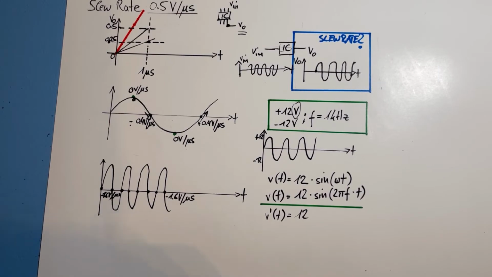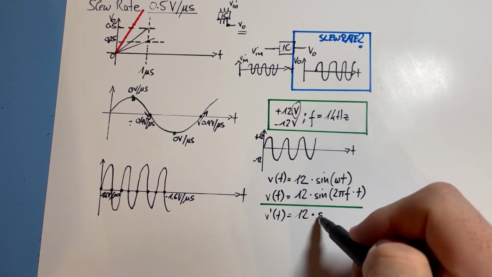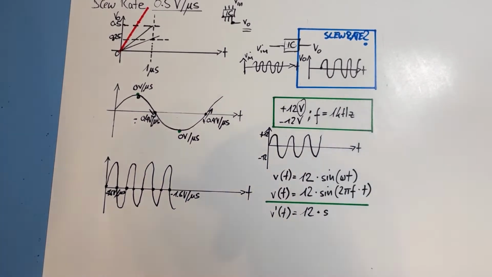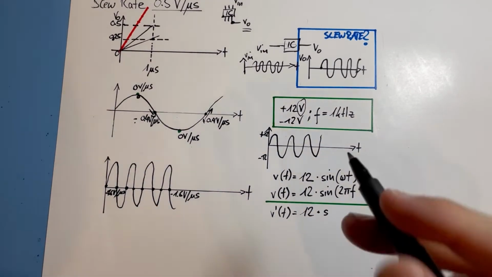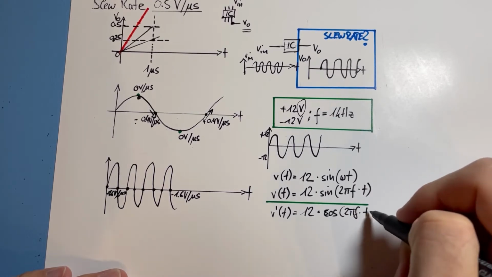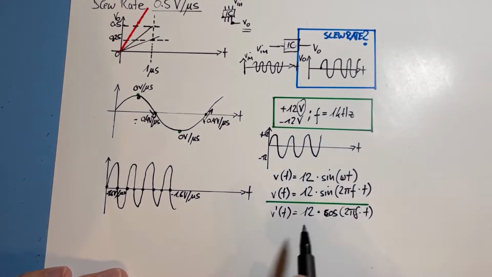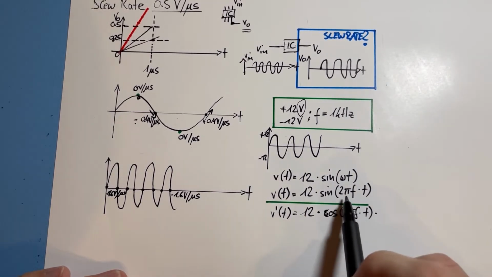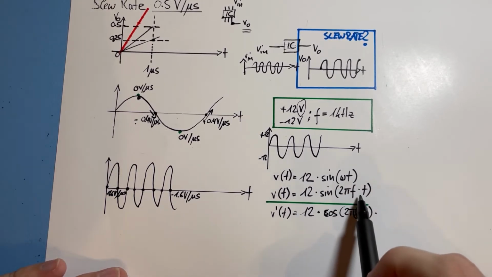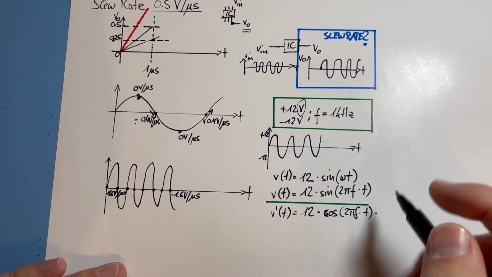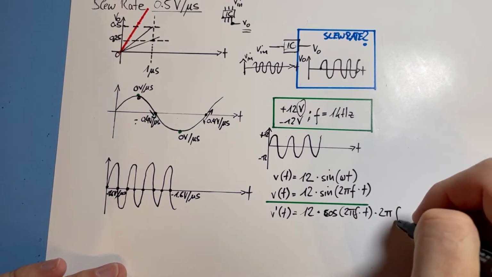That is 12 times, so you derive the sine. Sine derived is cosine, and you let the thing in here be constant, so 12 times cosine of 2 pi f t, and then you multiply it by the derivative of what is in here. We derive because we want to know the change with regard to time, so the derivative of 2 pi f t is simply 2 pi f.